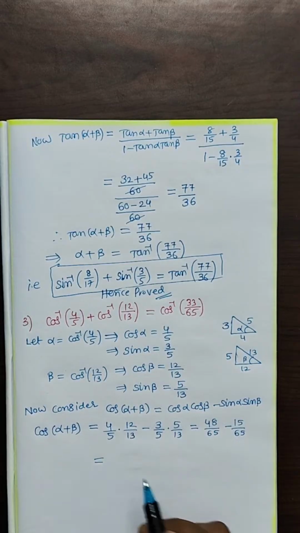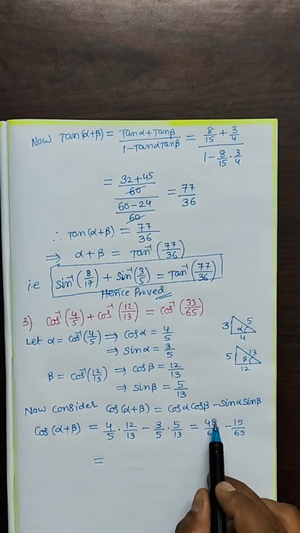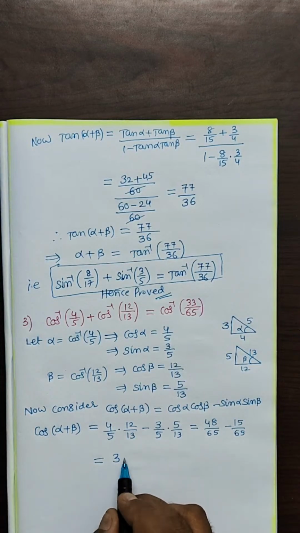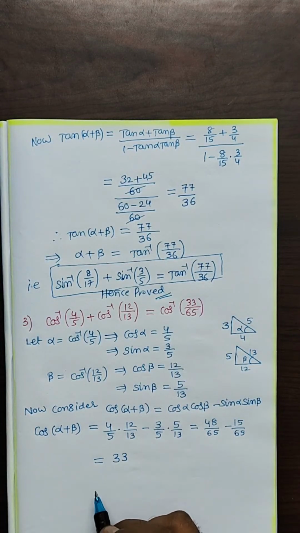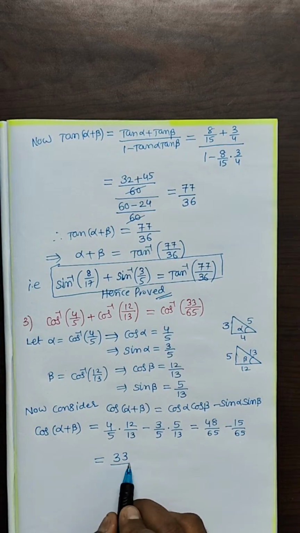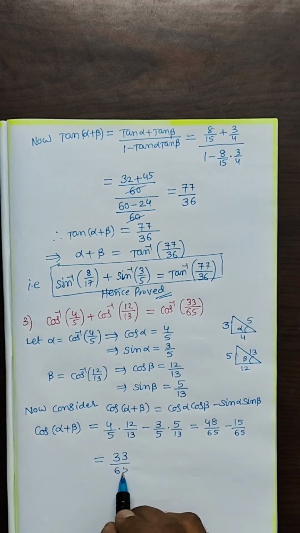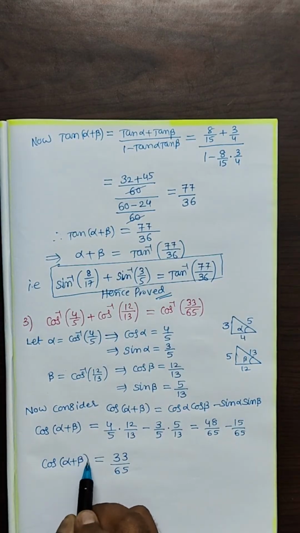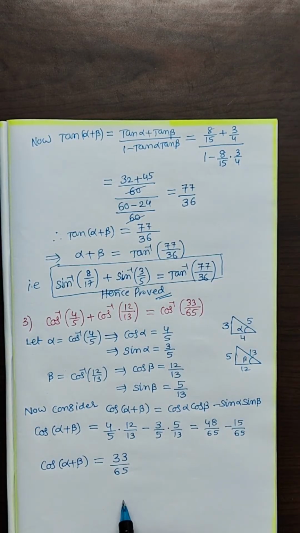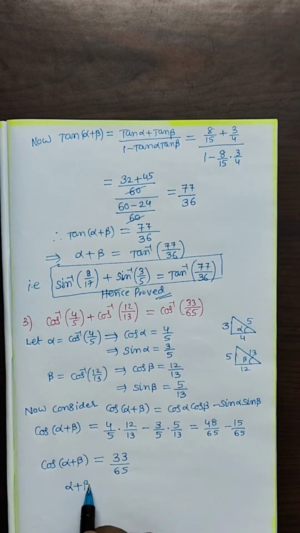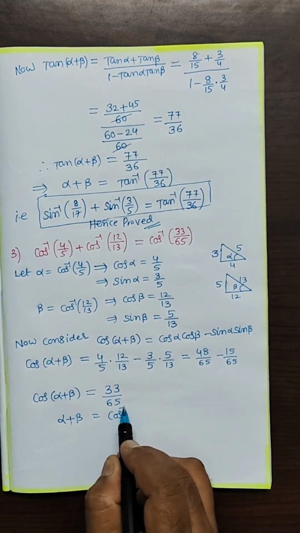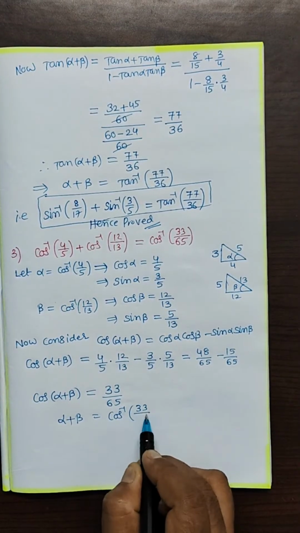Denominators are same, we can subtract the numerators. 48 minus 15 is equal to 33, divided by 65. So cos of alpha plus beta is equal to 33 by 65. So cos, bring this side, alpha plus beta is equal to cos inverse of 33 by 65.